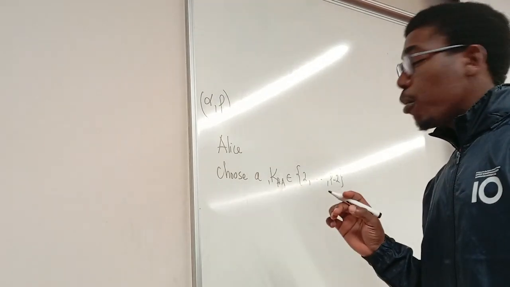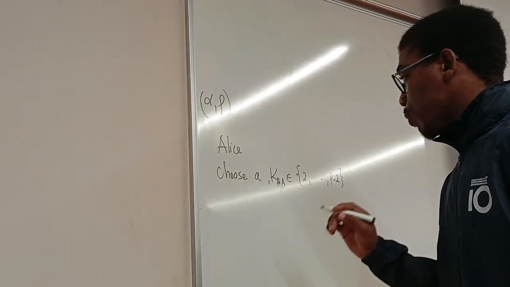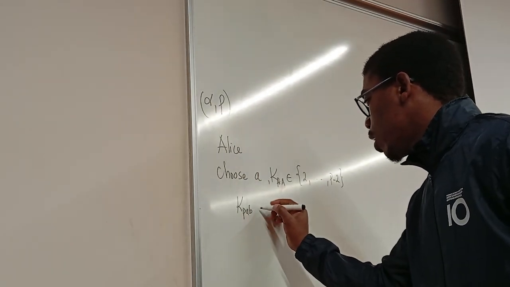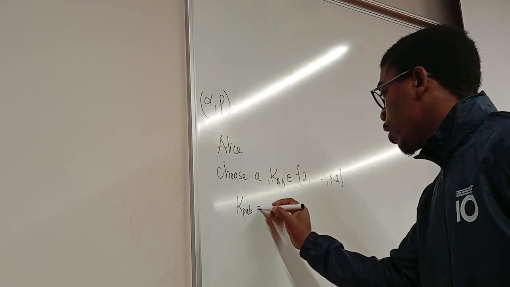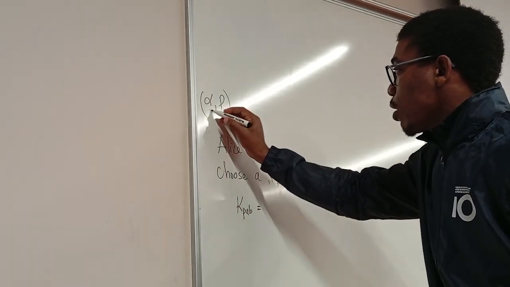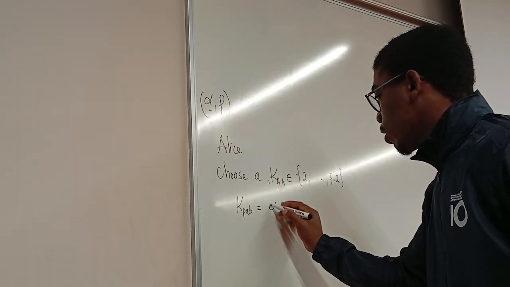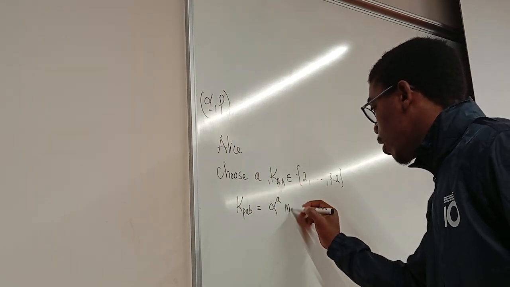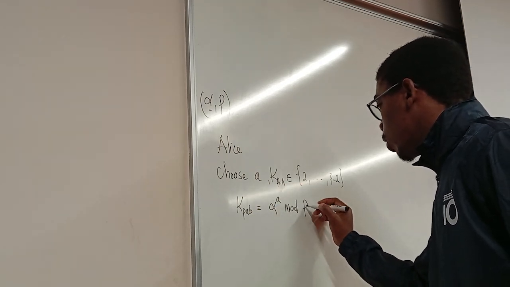How the public key works is that Alice is going to do K pub. It's actually going to make a computation. She's going to take this alpha and raise it to the power of this A modulo p.